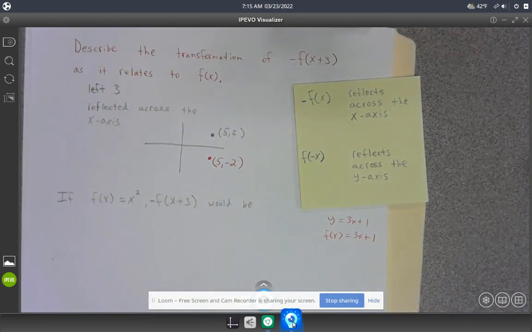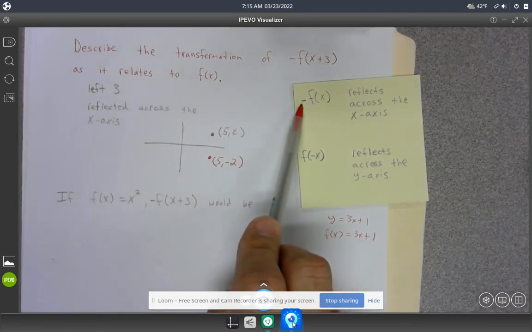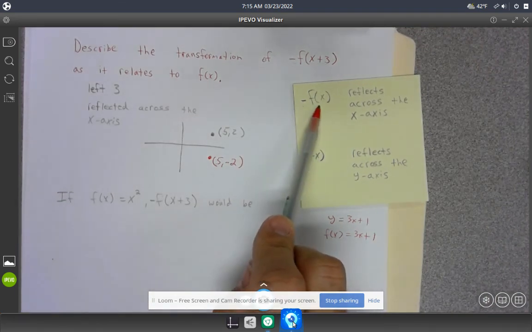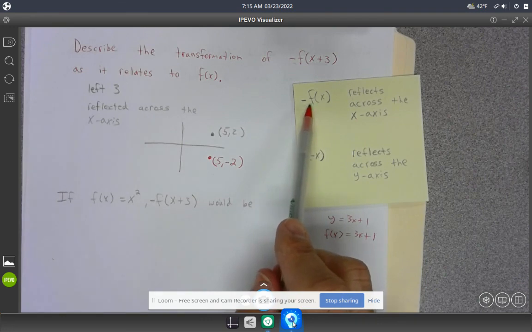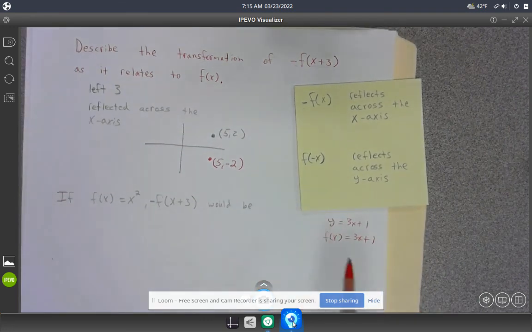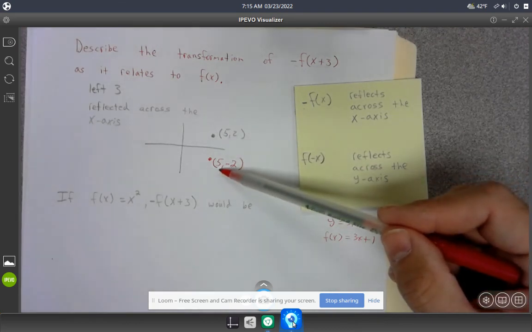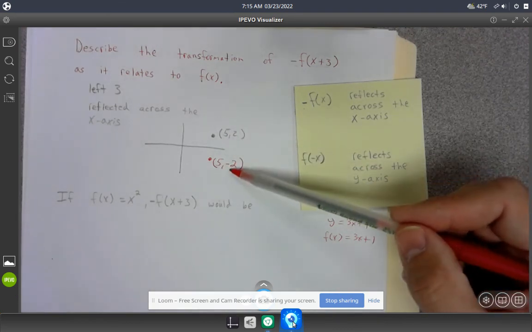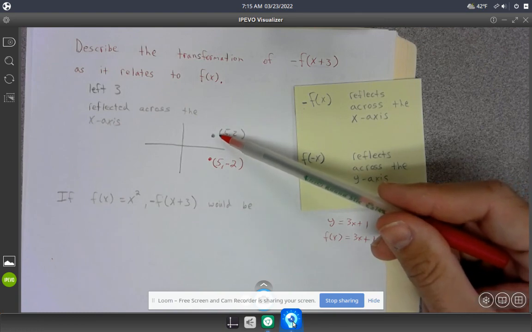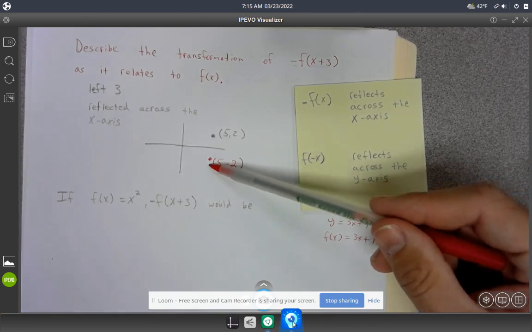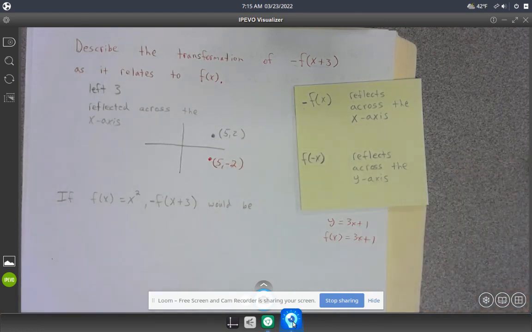All they are, they're expressions for the dependent variable or the output of a function. Okay. And so what's happening here by attaching a negative to this f of x, we're essentially taking all of the y values and negating them. All right. That's why the x value stays the same and we just change the y value. And geometrically or graphically, it just looks like we reflected it across this x-axis.